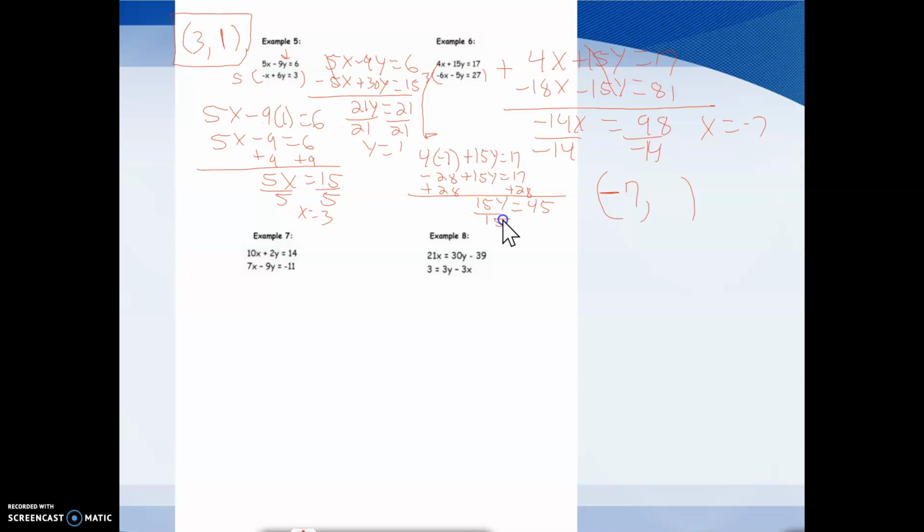Divide by 15. Y equals 3. And there is my ordered pair. All right. Now, we've got a very interesting one coming up for the next one.